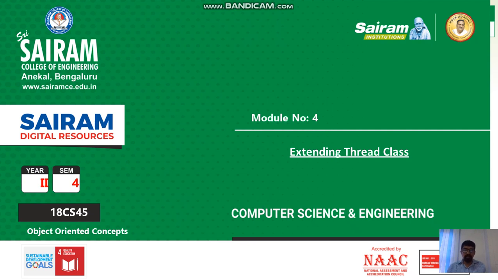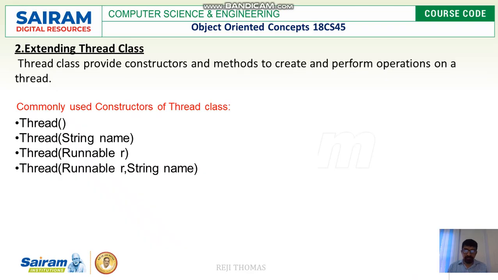So in this video, we are going to see a little detail about the second approach, how we can create a thread by extending a class called Thread class. As I told, Thread itself is a class.